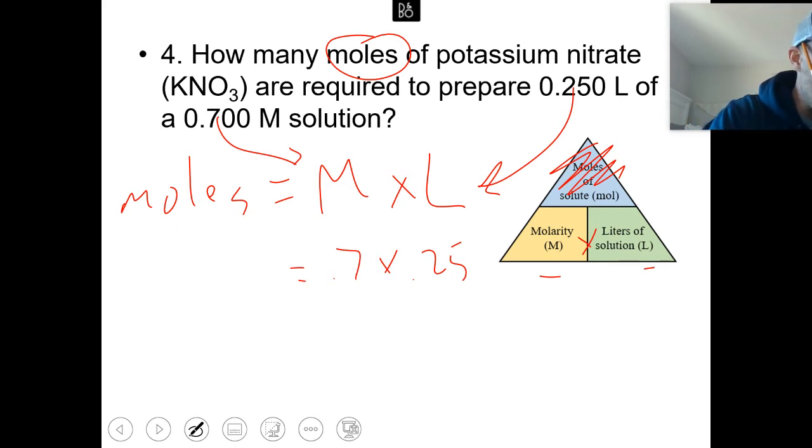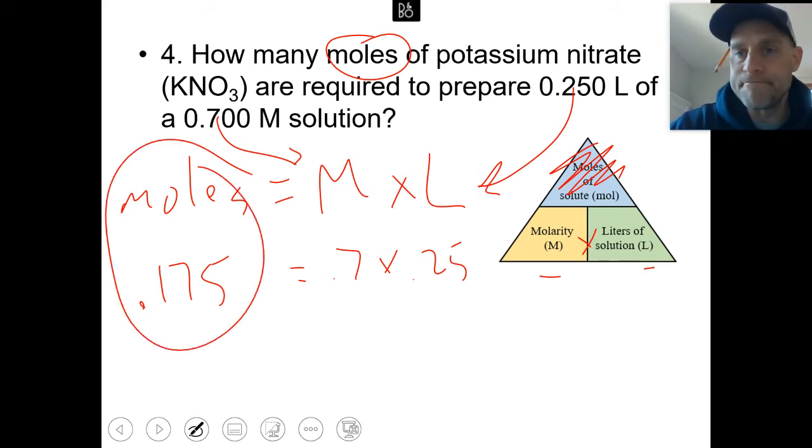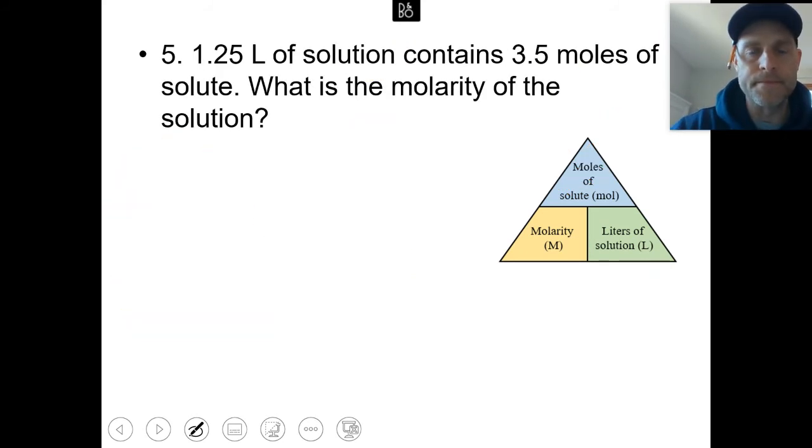Right, so what do I have? I have 0.7 times 0.25. I got 0.175 moles. Done.